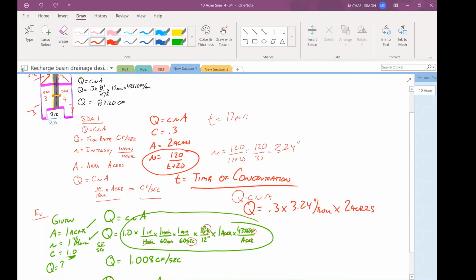And again, we don't need to do any conversions on that. 0.3 times 3.24 times 2 means the Q is 1.94 CFS. So we need to design a pipe that can handle 1.94 cubic feet per second flow going through there. That'll be the next thing we jump into: how we figure out that flow rate.